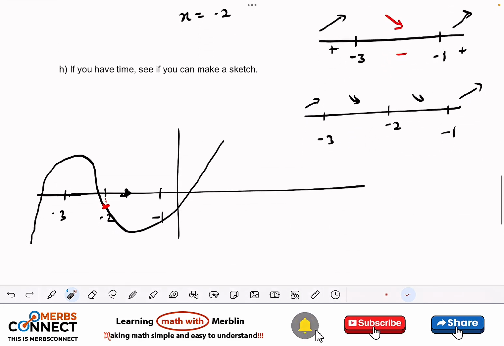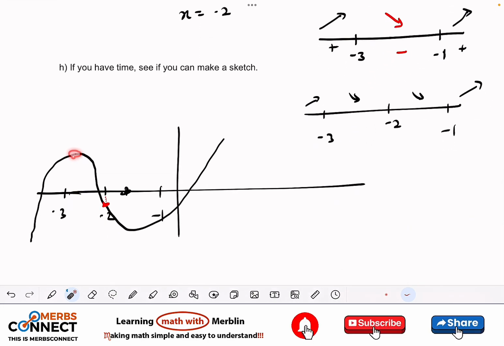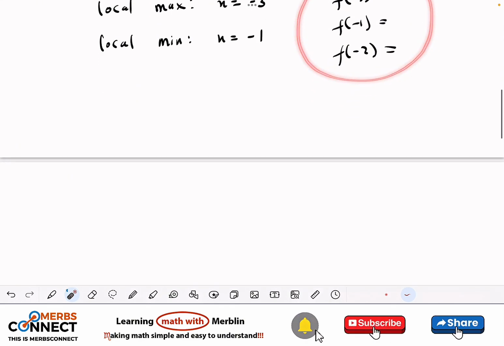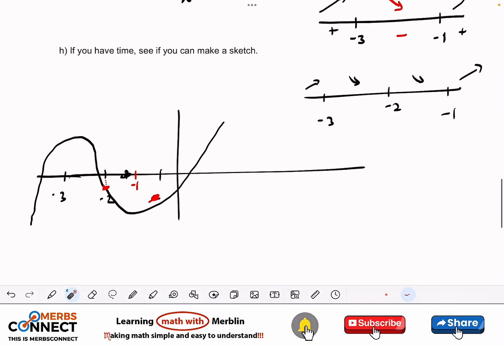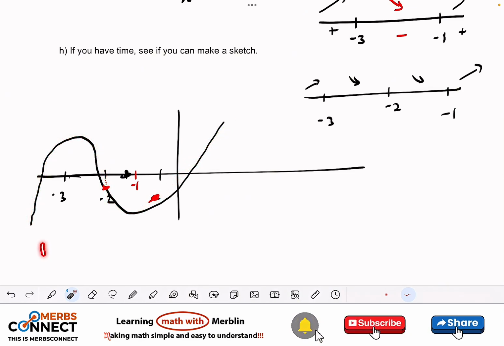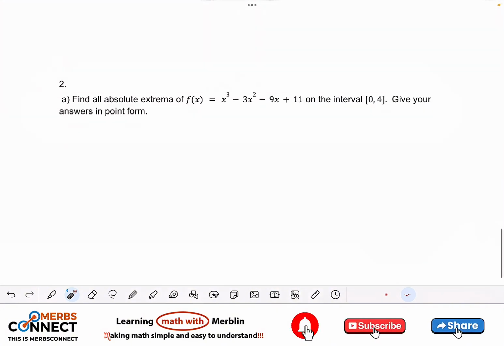So at -3, we are going to have a maximum here, and then at -1, let me just draw my graph well. At -1 we have the minimum, right? But when you find the values for this one, it will help you to see if the graph is going to be up like this, or is even going to be something like this below the graph, right? So that's what you are going to get.